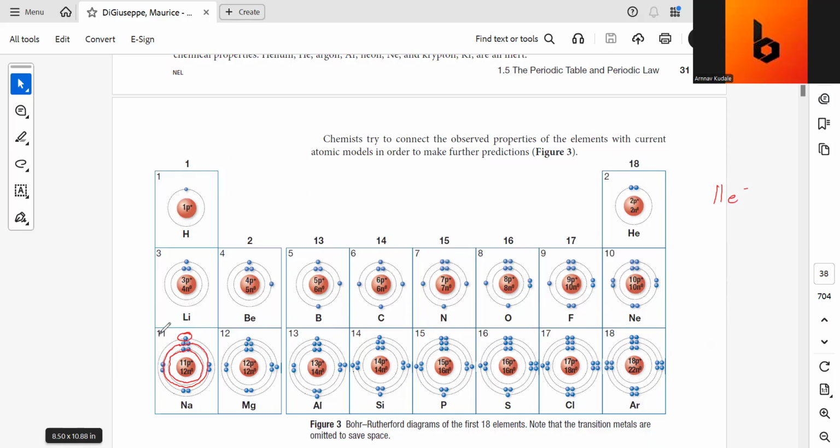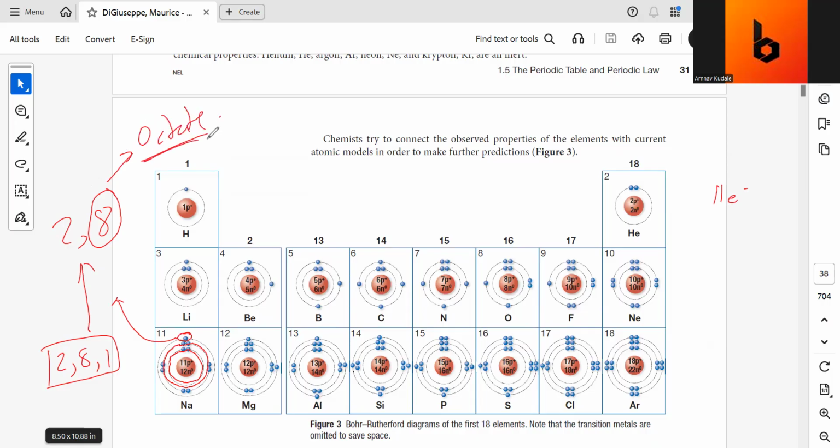If it removes this one electron, it becomes 2, 8. If it loses that electron, it has a stable electronic configuration, meaning it has that octet. So 8 means octet. Each and every element tries to complete the octet.